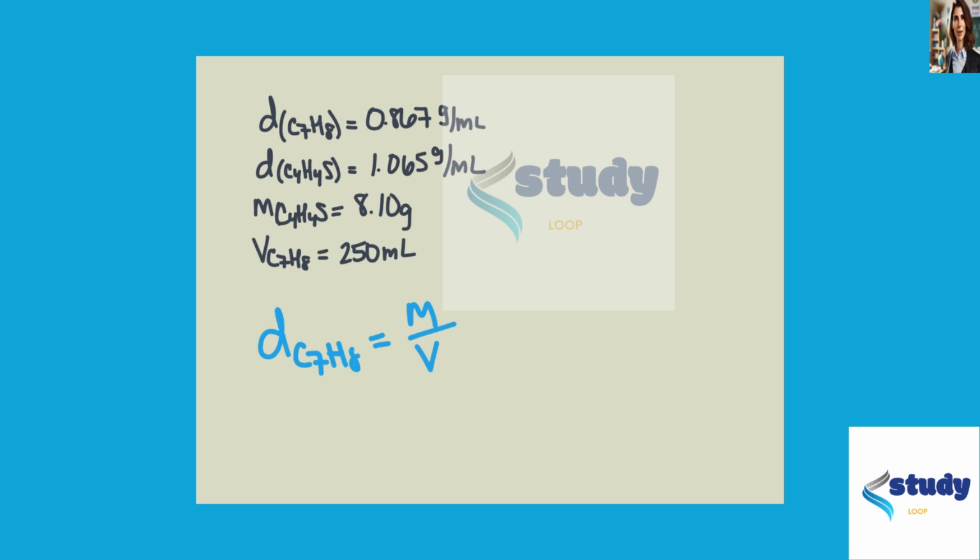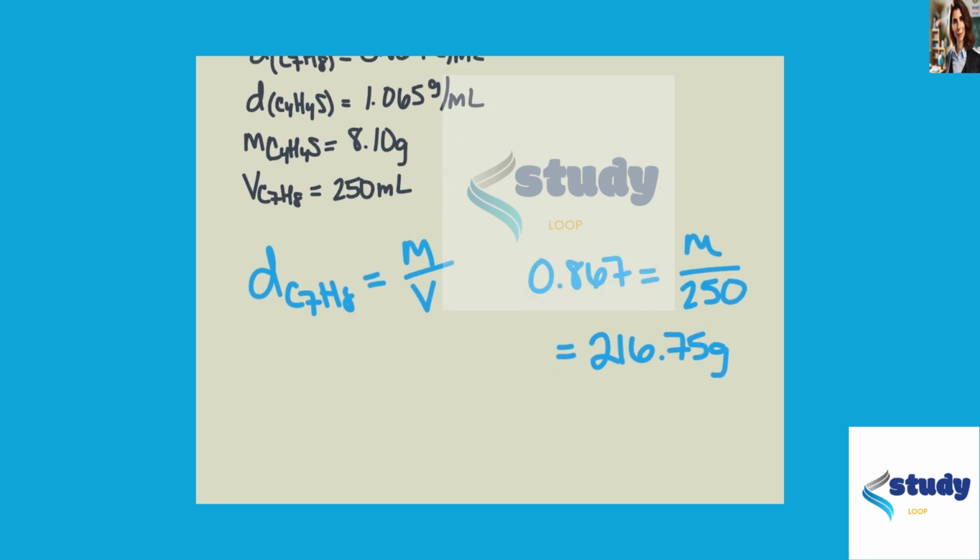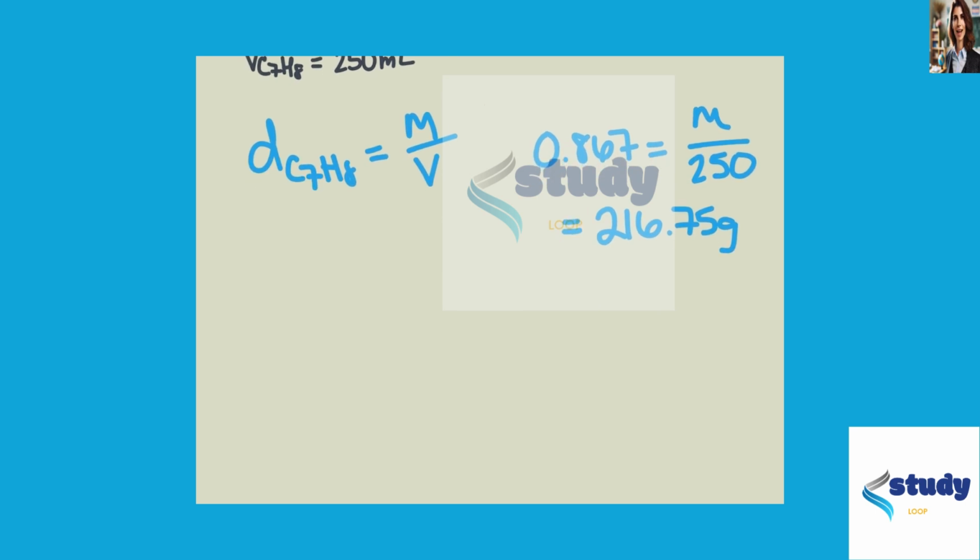So we have the density of C7H8, which is 0.867, equals our mass divided by 250 milliliters. And so we get that equals 216.75 grams.